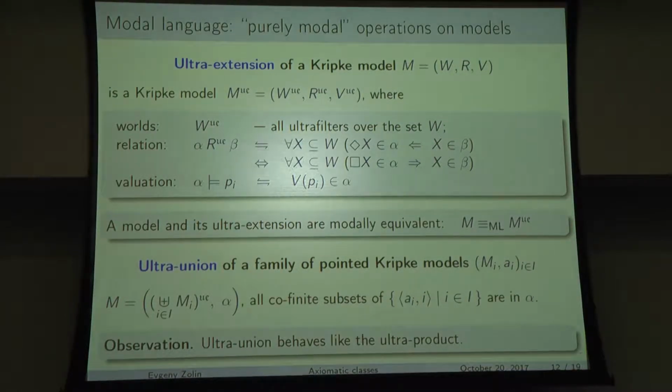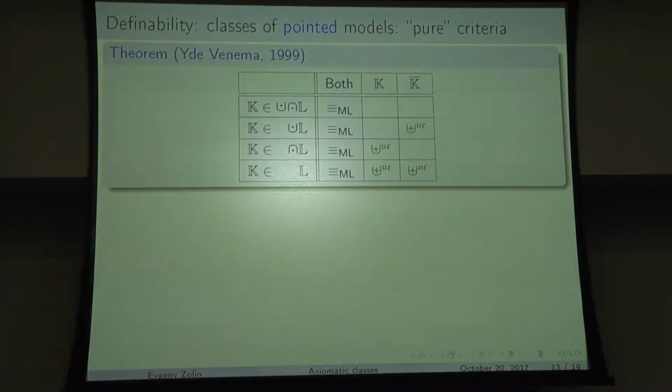And he succeeded in 1999, at the conference devoted to the 50th birthday of Van Benthem, to give all four criteria. In fact, he considered only the last two lines, but the first are obtained very easily from the last ones. And again, we can switch to bisimulation at the price of adding ultra extension.